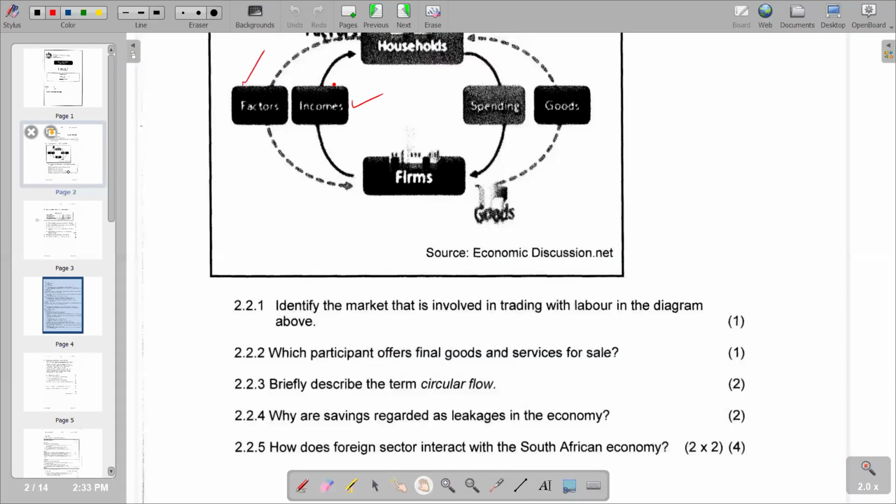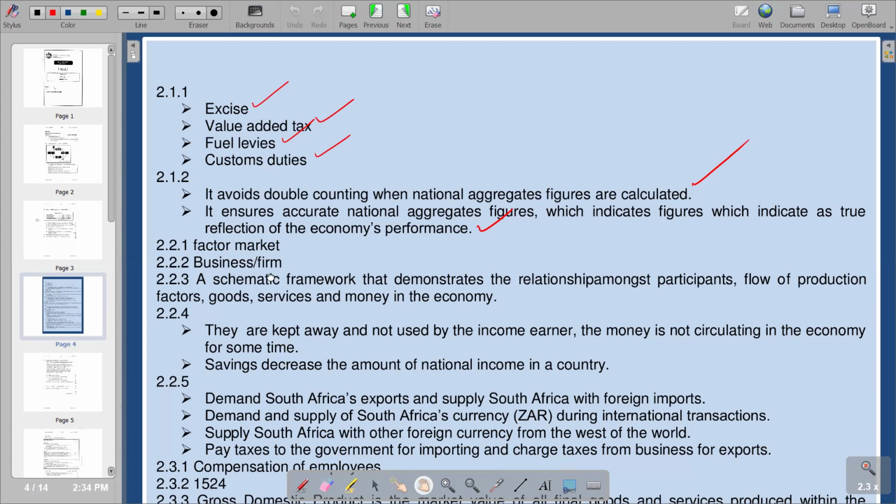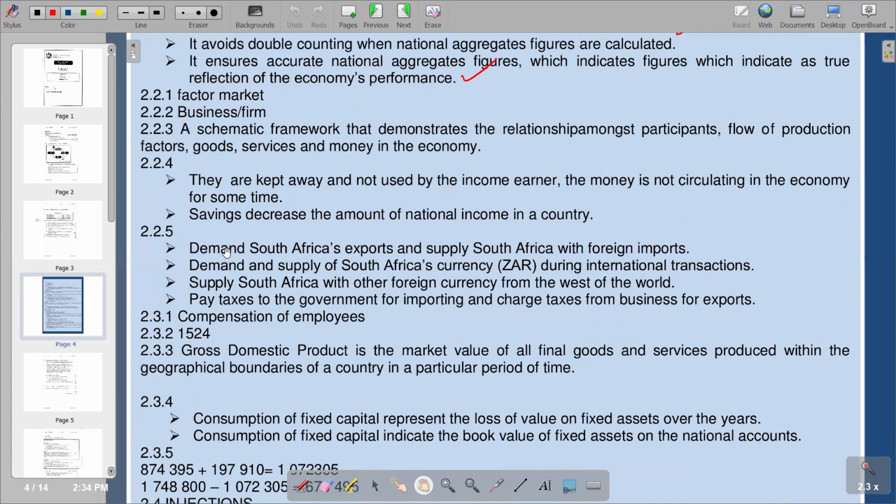So moving on to the next part, we have 2.2.5: how does the foreign sector interact with the South African economy? So obviously we know that the foreign sector interacts with the local economy through exporting and importing. Basically, that's that. But the points are illustrated in our other section, whereby the first point is: demand South Africa's exports. Remember, we sell outside the country, and that's exports.